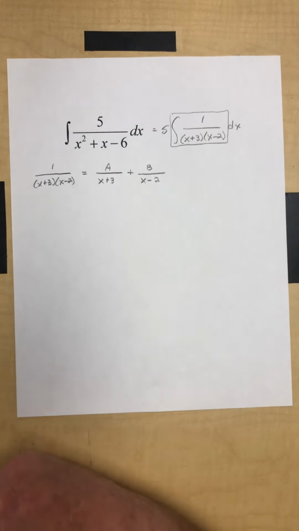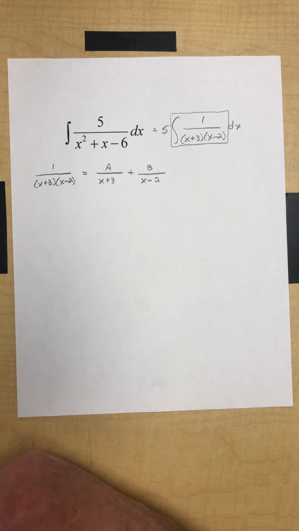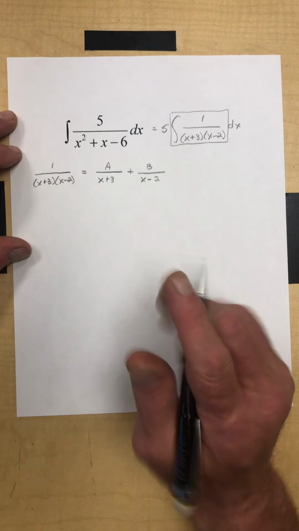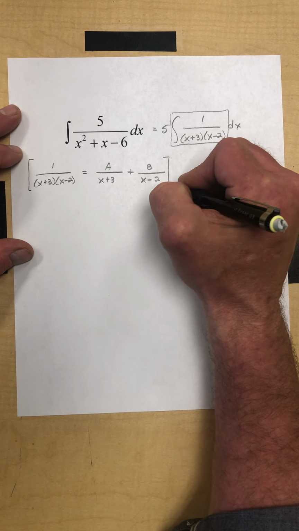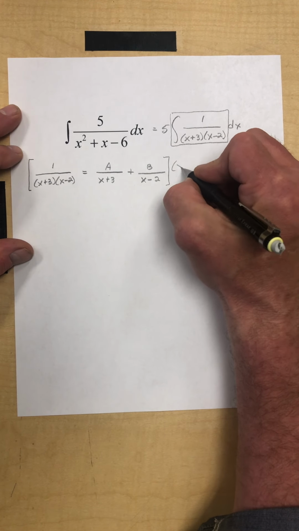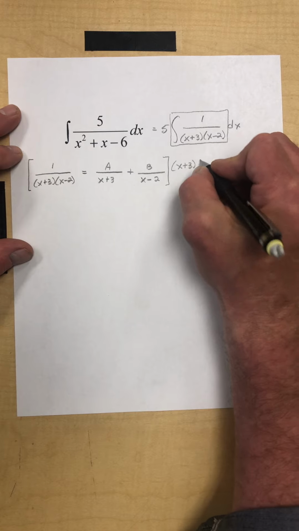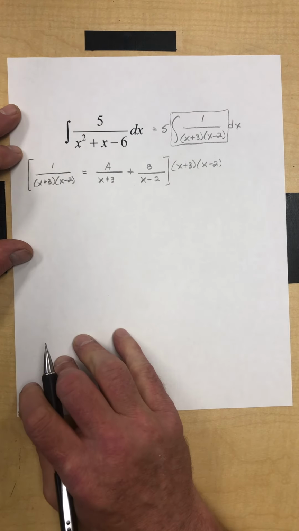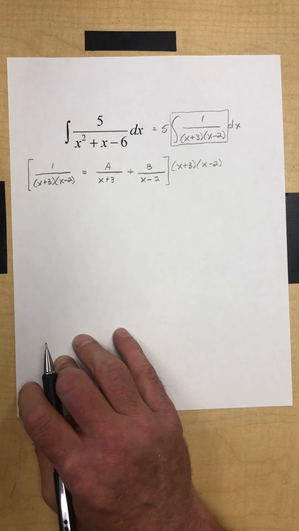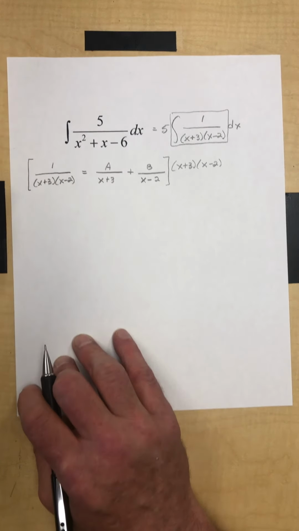So what do we do here? How about if we multiply this entire thing all the way through by x plus 3 times x minus 2? In doing so, notice we're going to get rid of all the denominators. All these fractions in this equation will become something that's not a fraction.